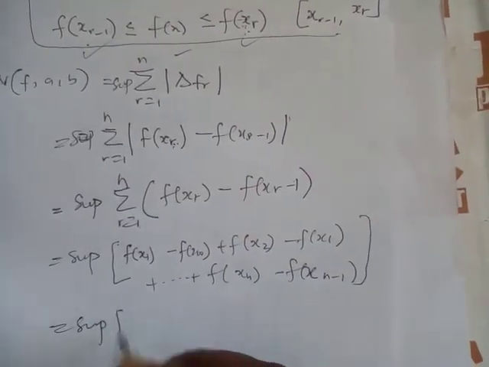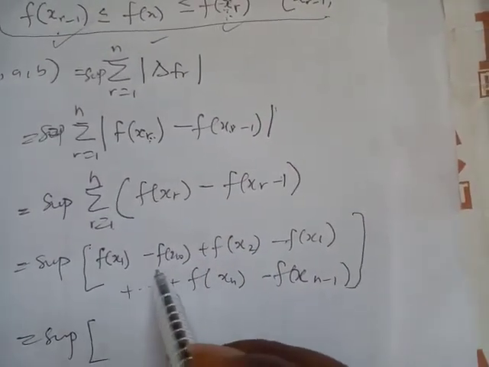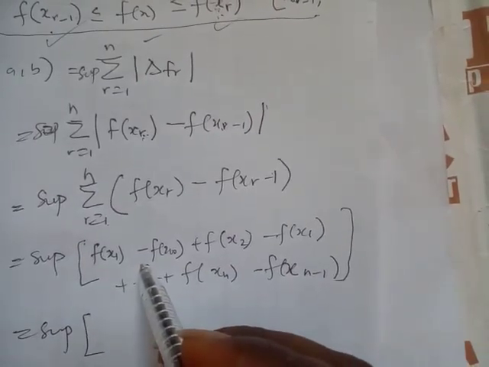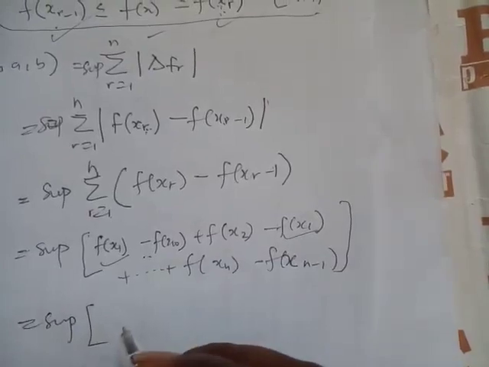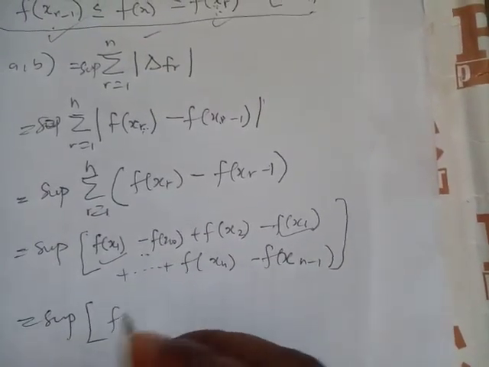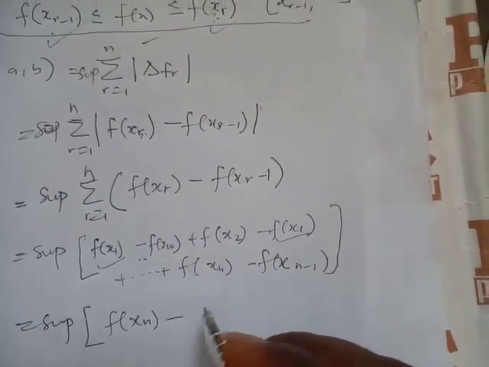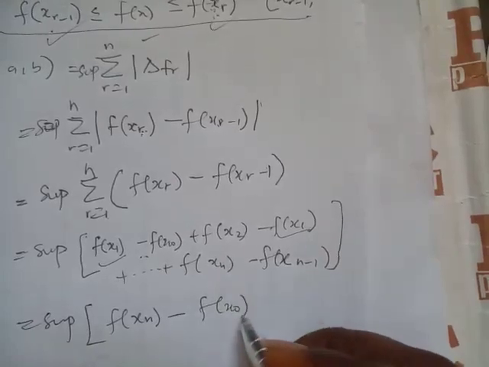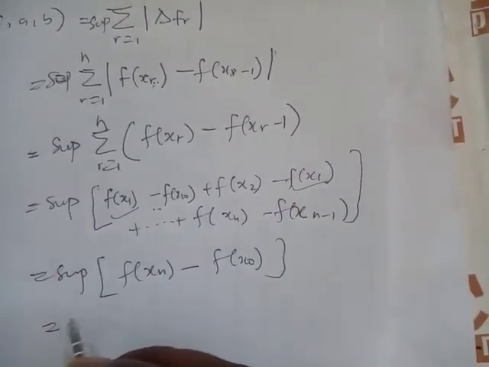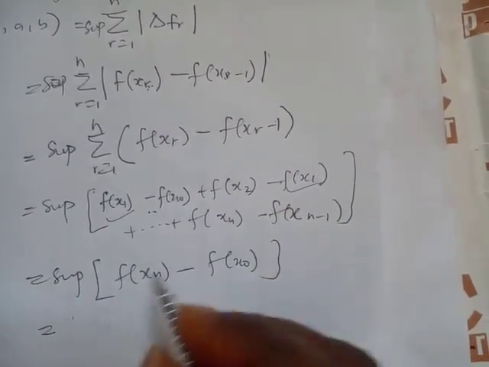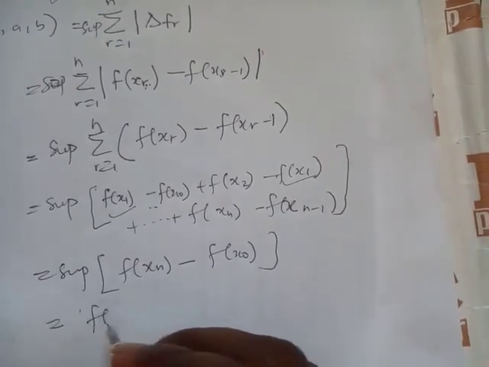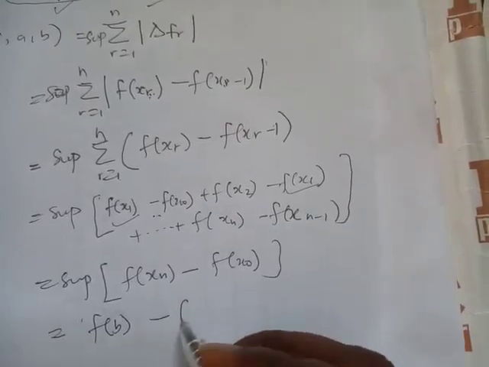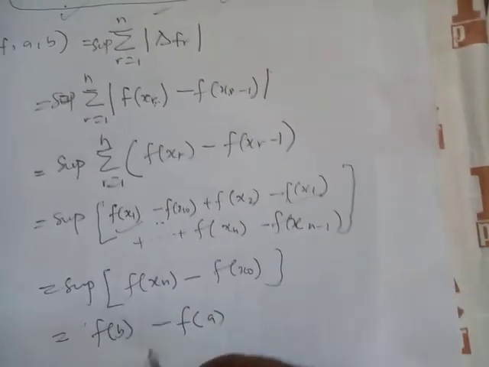From this, you observe that this and this will be gone. In fact, all of them will be gone. The only thing that will be left is f of s_n minus f of s_0, which is the same thing as f of b minus f of a, since the endpoints are constant.